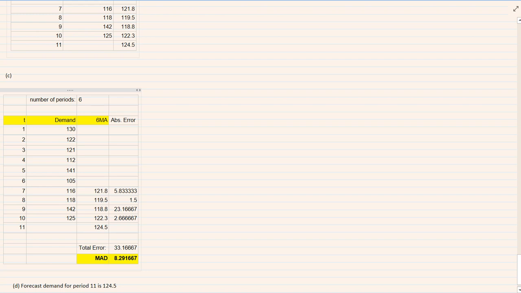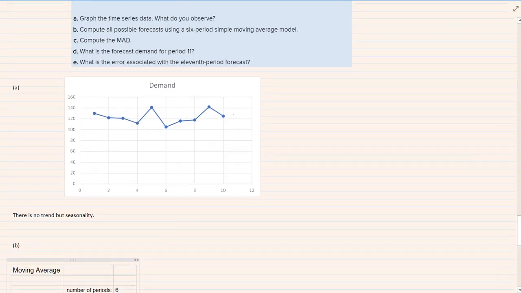And then we total these absolute deviations or absolute errors. So I've got 4 numbers to add. That's the sum of those 4 numbers, 33 and change. And then if you divide this by 4, the number of errors, you get the MAD, mean absolute deviation, which is 8.29. Okay, and that's part C.